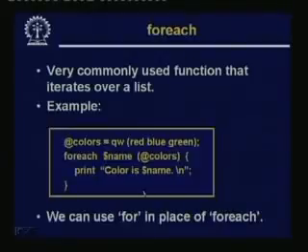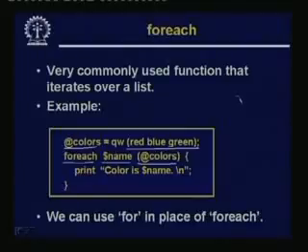For each is mentioned as a construct which iterates over a list. Suppose colors is an array which is defined as the list red, blue, green. If you give for each variable name within bracket array, this construct means that you will be looping over all the elements of this array.